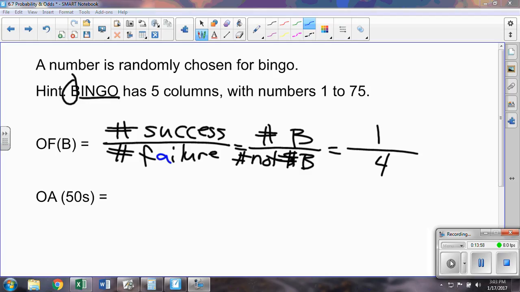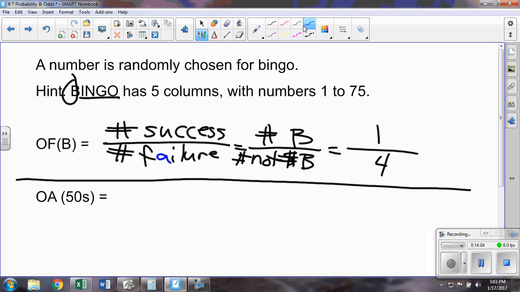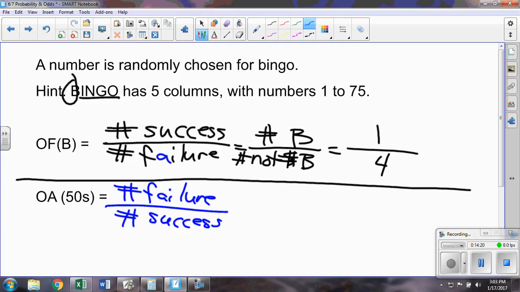Similar type problem. What are the odds against getting something in the 50s? Different problem entirely here. Still based on bingo. Odds against are the number of failures over the number of successes. What would we consider a success then? Getting anything in the 50s is considered a success. So of course we've got 50, 51, 52, 53, 54, 55, 56, 57, 58, 59.